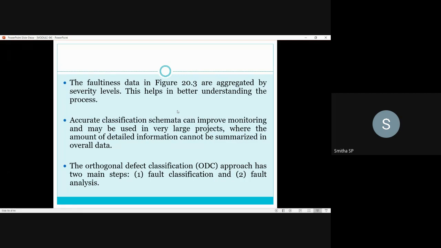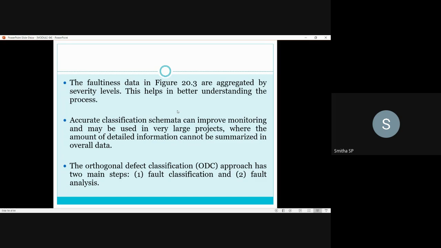Where you can't summarize the detailed information in overall data, you can use this classification schema to classify the faults, which helps you improve the process of monitoring the software.